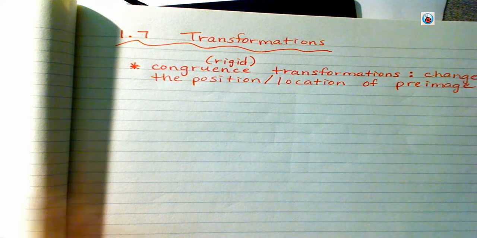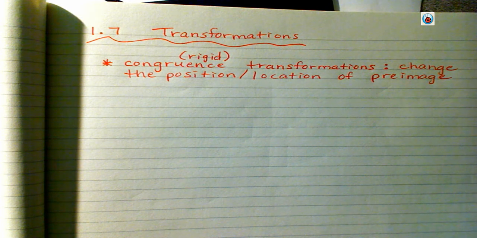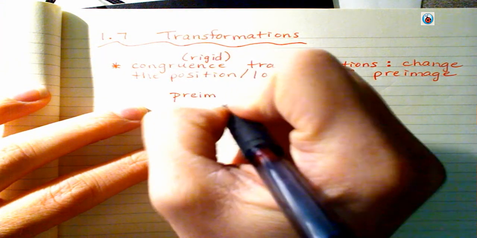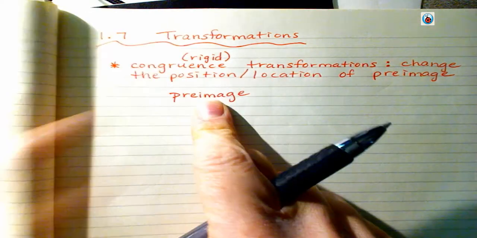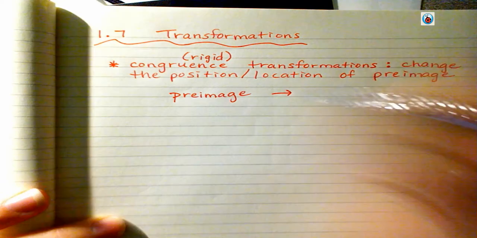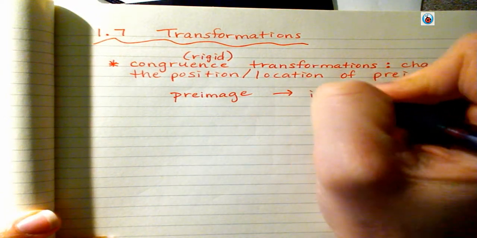What you start with, that's your pre-image. We're going to take a pre-image, something that you're given on a graph, change it, and put it in some new location. One of the ways that we write that this has happened is that we take our pre-image, which we might list by the name of a polygon like triangle ABC, and we put an arrow to show that it is changed into our new image.